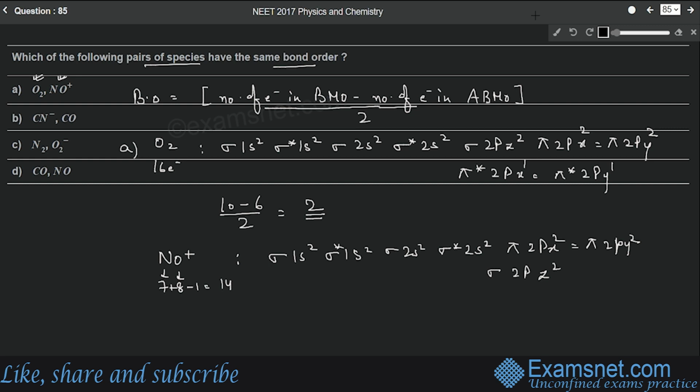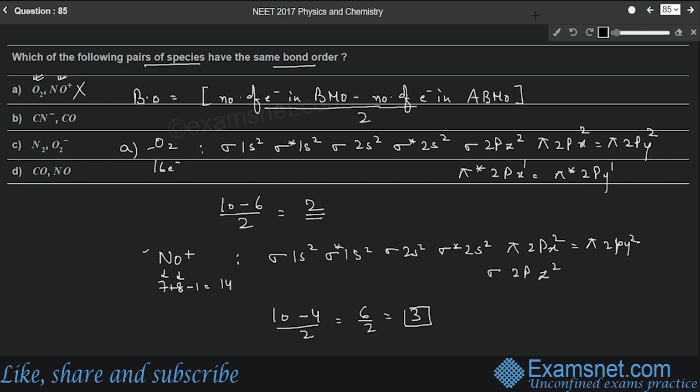Now how many in bonding? There are 10 electrons in bonding molecular orbital and only 4 in anti-bonding. Divided by 2, that means 6 divided by 2, so it is 3. That means the bond order is 3. So we can see that in this pair the bond order is not the same for O2 and NO plus. That means option A cannot be the correct answer.